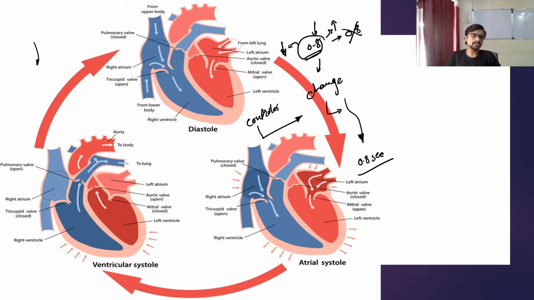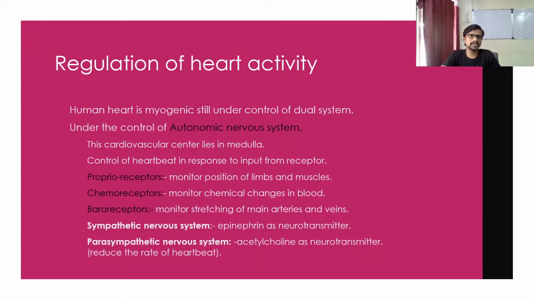So it's just an adaptation, it is good for health. But when you are normal and still your heartbeat is moving toward 72, 75, 80, or higher values, that is not normal, it will be problematic for you. So there are consequences of the change in heartbeat, and it is also necessary to change the heartbeat.